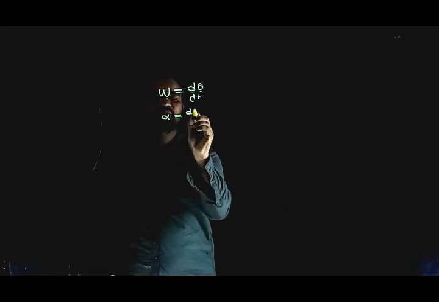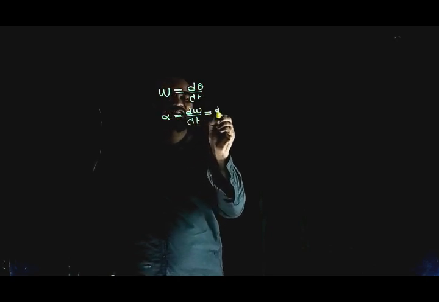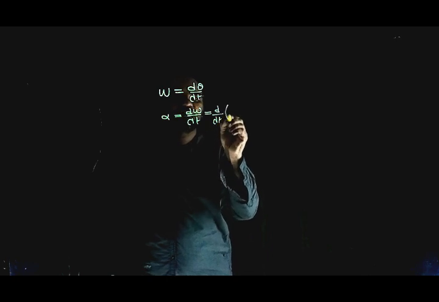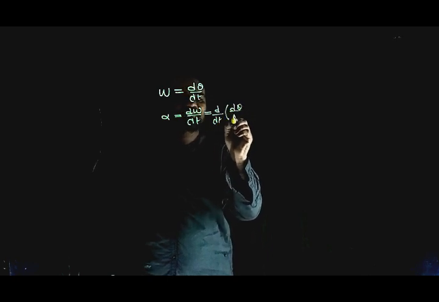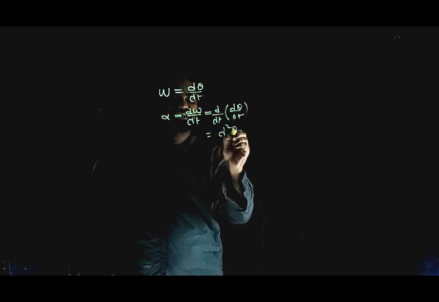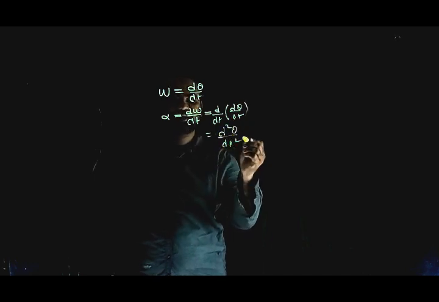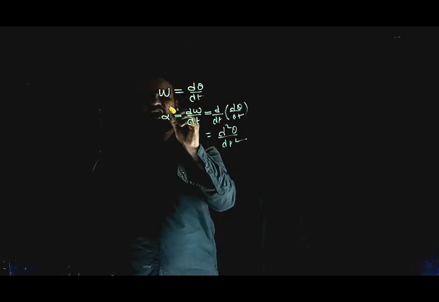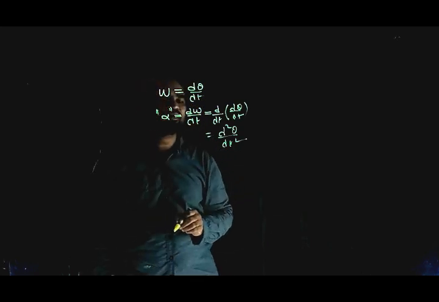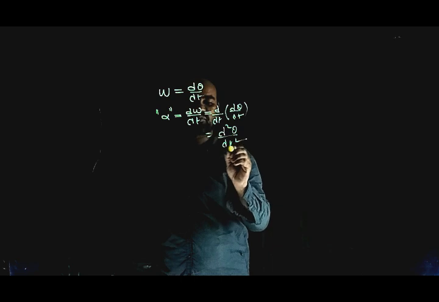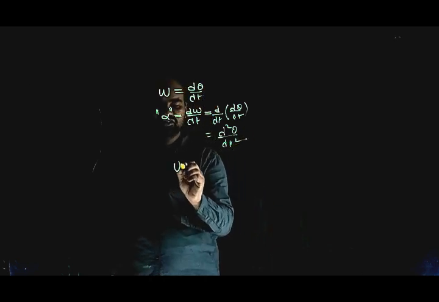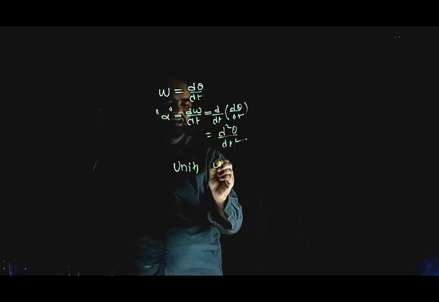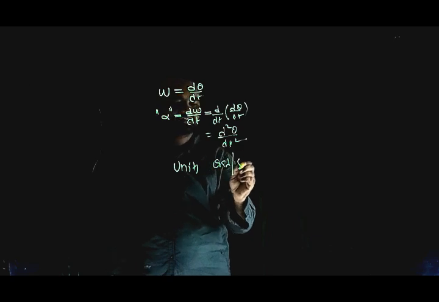Alpha means dw by dt, which is the same as d by dt of d theta by dt, which is d square theta by dt square. This is the angular acceleration of the particle, and the units are radian per second square.